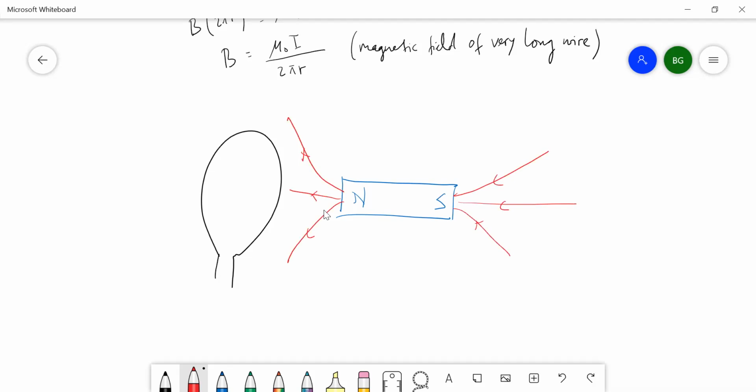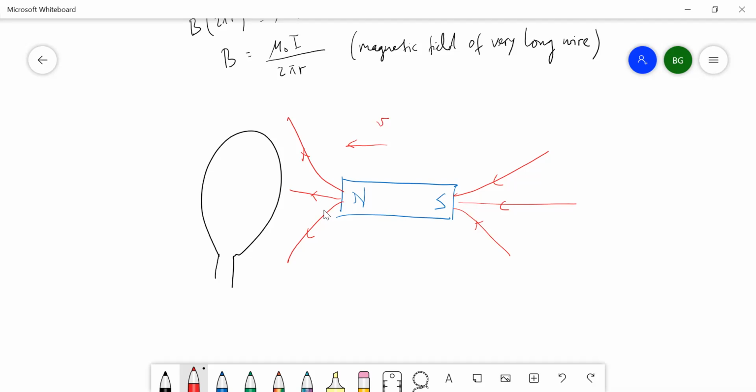If we move this magnetic rod toward the coil, say at a constant speed, this wire will produce an induced magnetic field that is against the magnetic field of the rod.